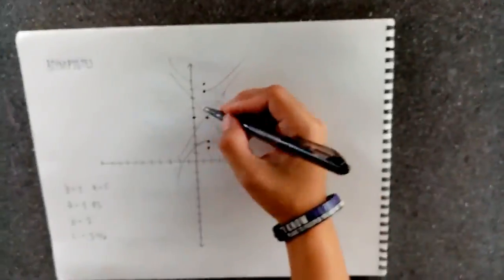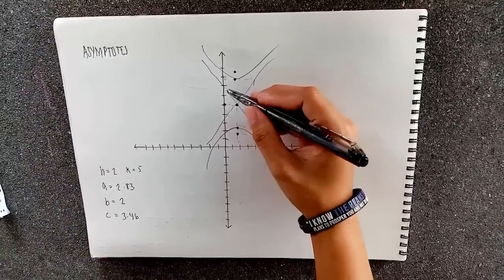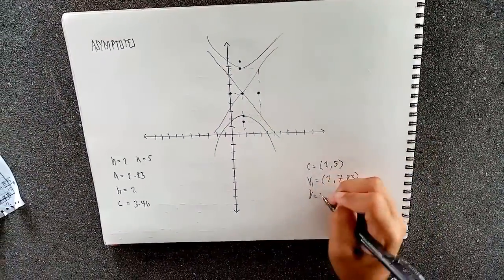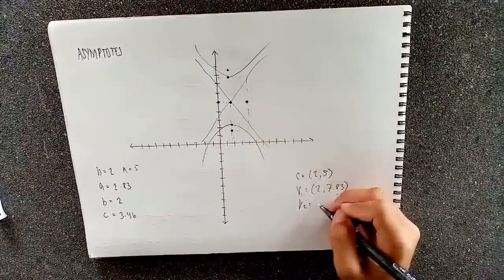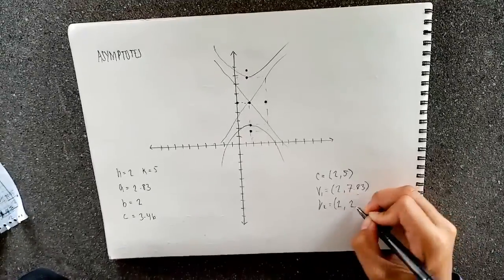in the center. So therefore our V1 will be 2 and 7.83 and V2 will be 2 and 2.17.